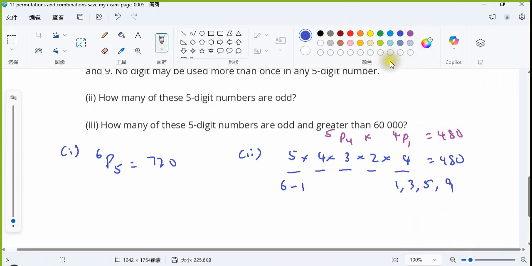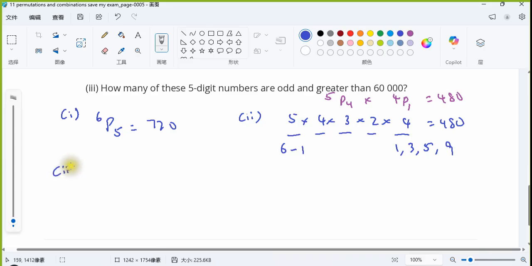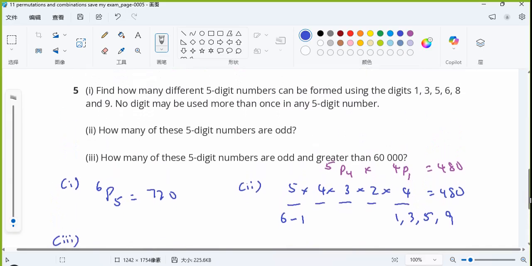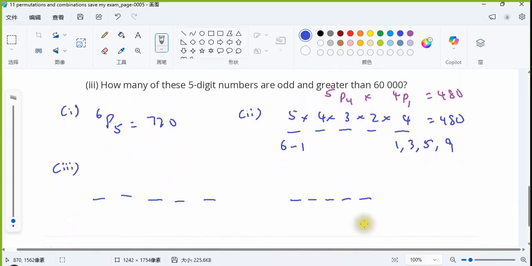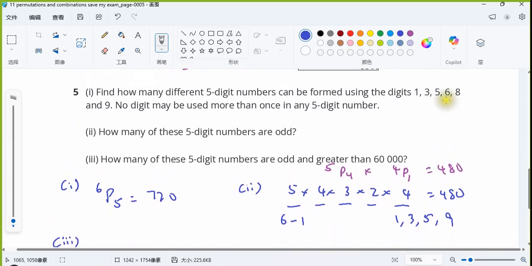Number 3, how many of these 5-digit numbers are odd and greater than 60,000? So odd means it ends with 1, 3, 5, or 9. And greater than 60,000 means it must start with 6, 8, or 9.